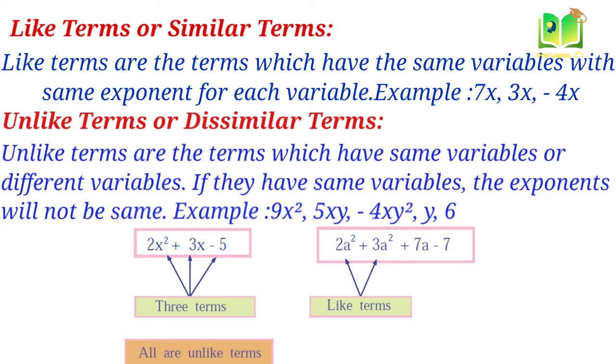In 5xy, the exponent of y is 1. But in minus 4xy square, the exponent of y is 2. So definitely these two terms are unlike terms because they are not similar, because their exponents are not the same. This type of terms are known as unlike terms.